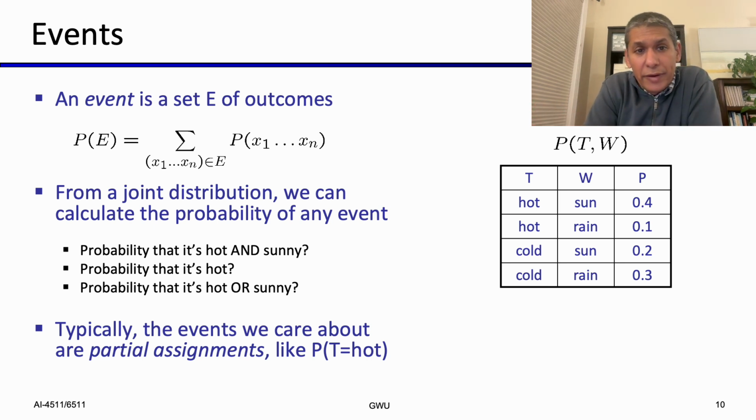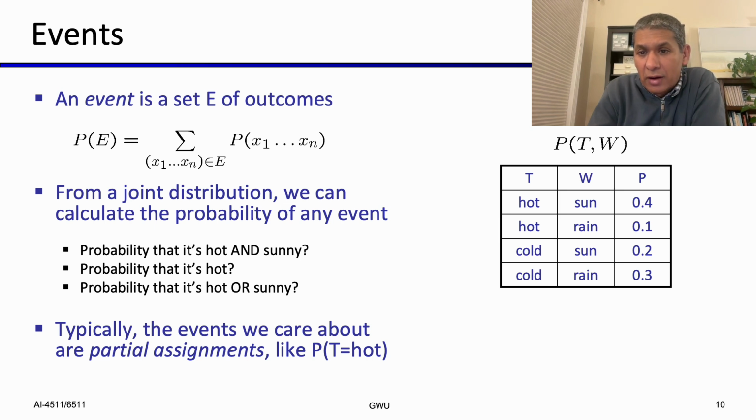The event, which we already discussed a little bit, is a set E of outcomes. From a joint distribution, we can calculate the probability of any event. So if somebody were to say, what's the probability of hot and sunny?